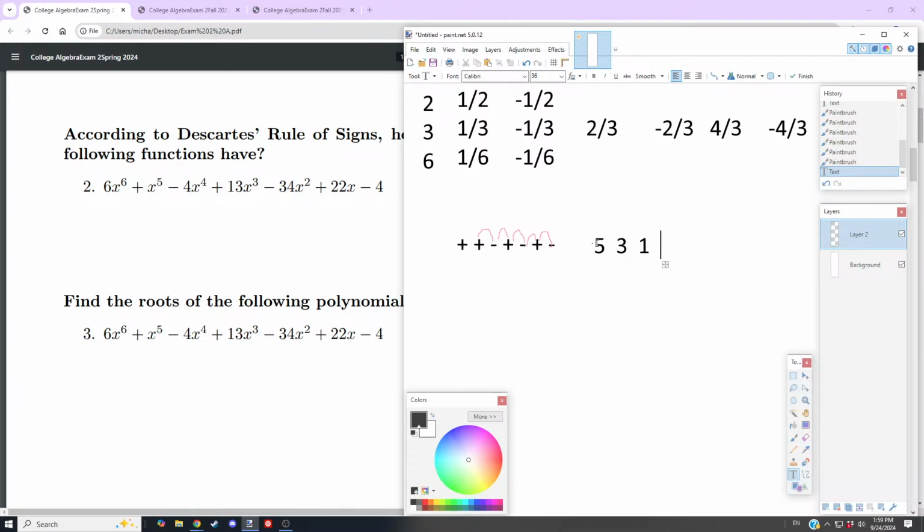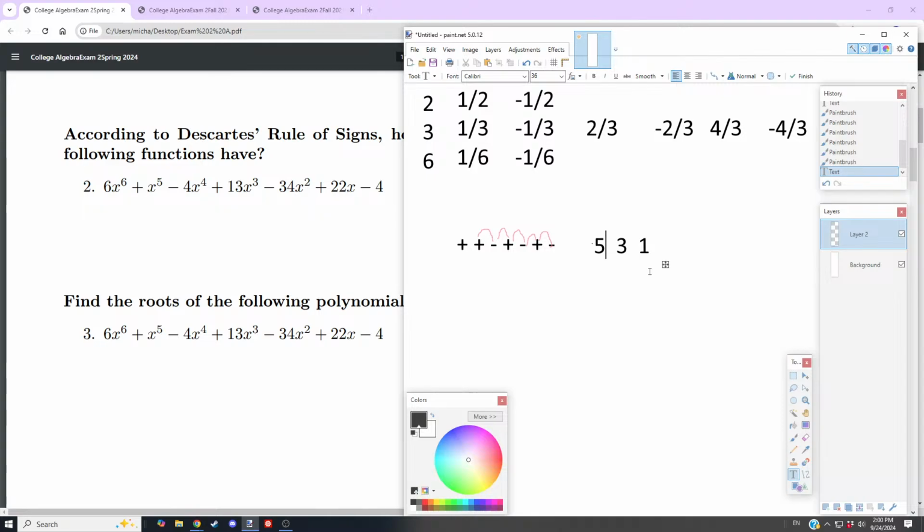Basically, I start with the number of sign switches, which in this case was 5, and I count down by 2 until I can't anymore. 5 to 3, 3 to 1, 1 goes to negative 1. We can't have a negative number of things. So the number of positive roots is either 5 or 3 or 1.